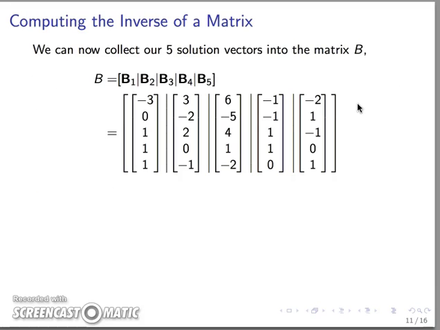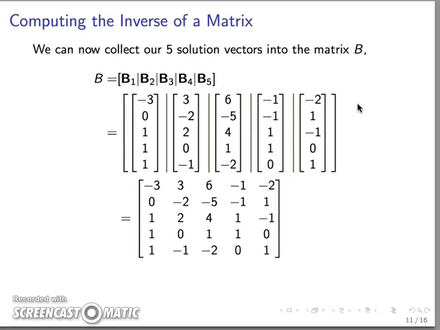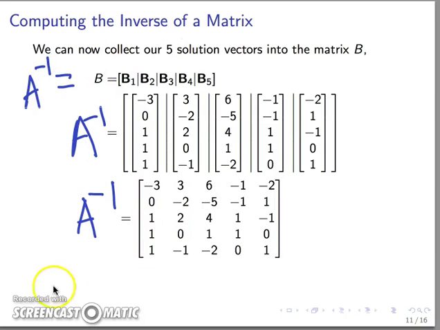So in summary, here are the columns of B. This is the matrix B, which is precisely what we call the inverse of A.